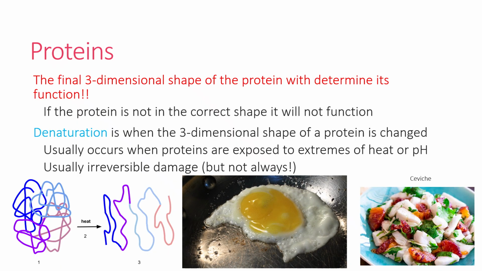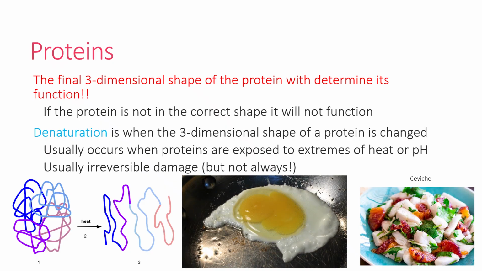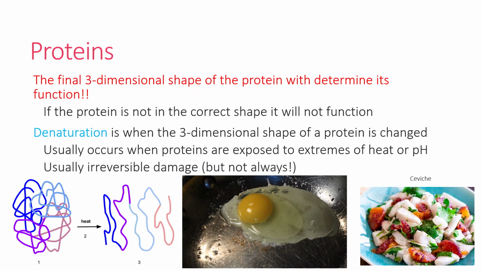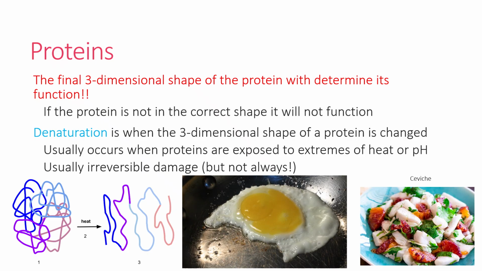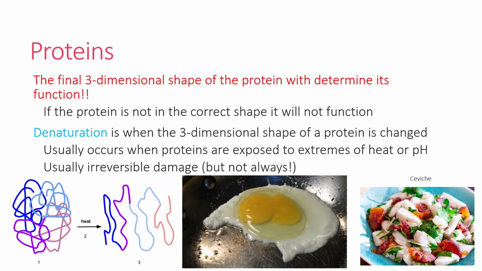Okay, so here we are. Here's our very complex quaternary structure protein, right? You can see the 4 different strands. Let's say we add heat to it, which we can see right there. What the heat does is it starts to break all those hydrogen bonds that were holding this whole protein together. Now all those hydrogen bonds break, and the protein starts to break apart.